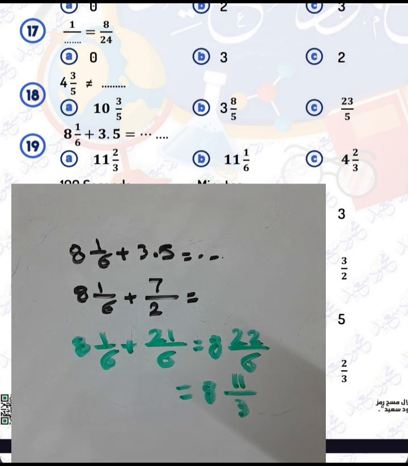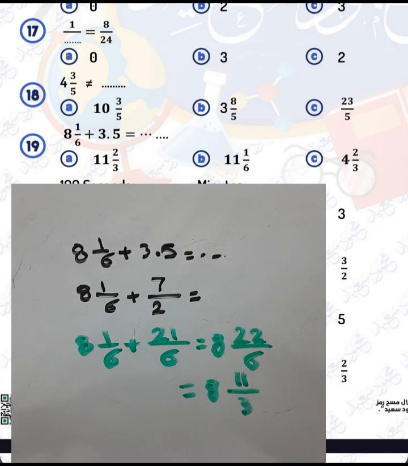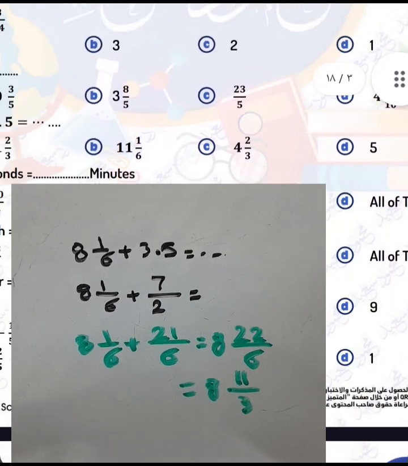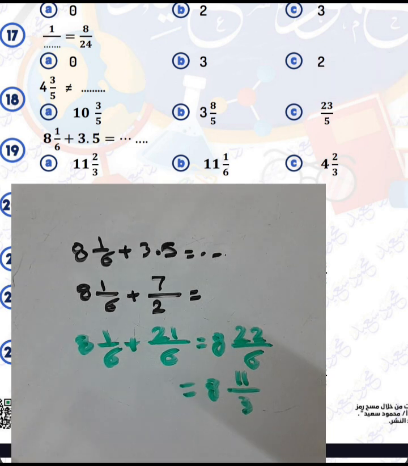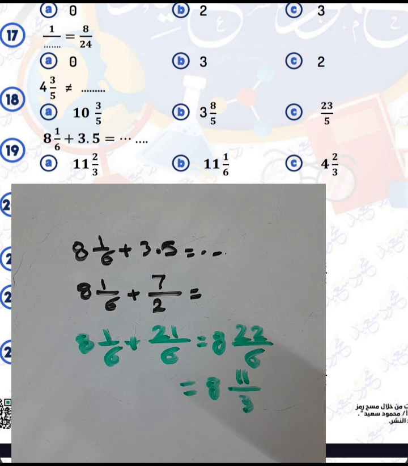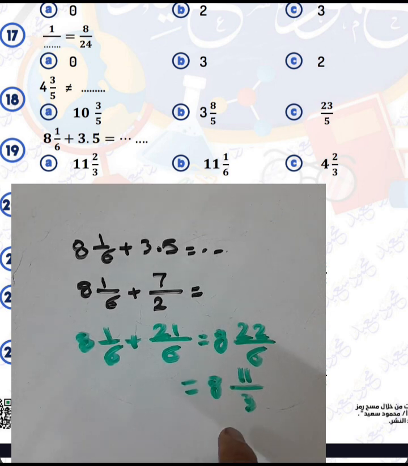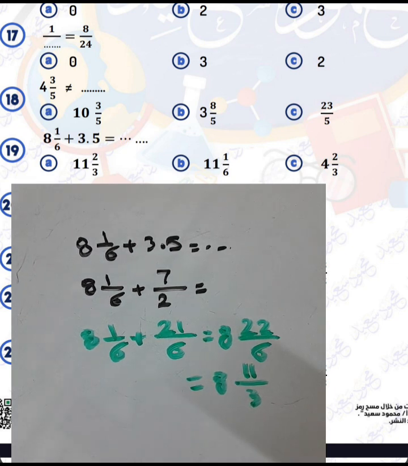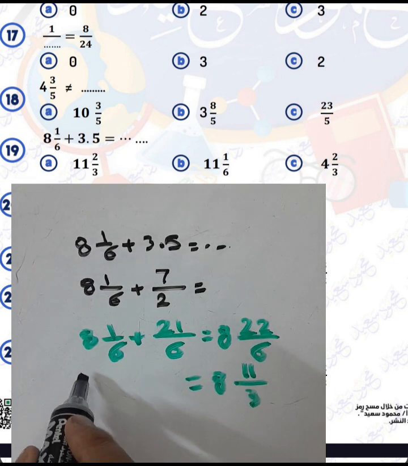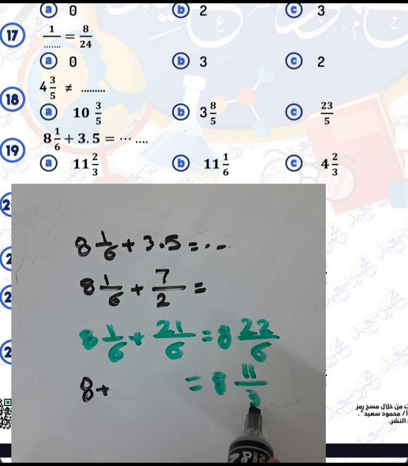But 11 over 3, you can simplify it. We can convert this fraction, we call it proper, to a mixed number. It was 8 plus 11 over 3.